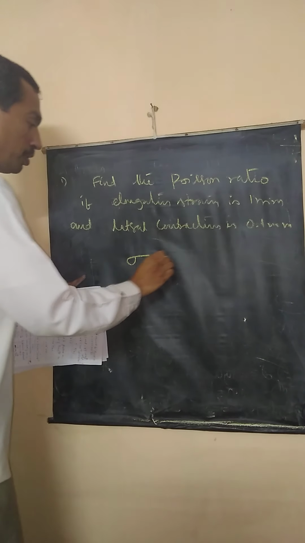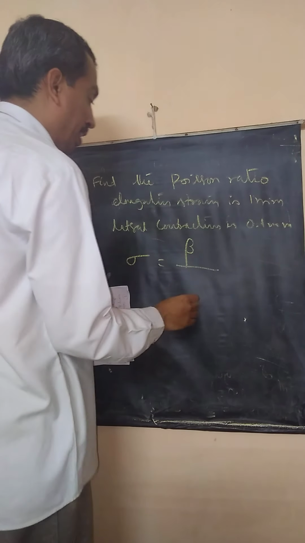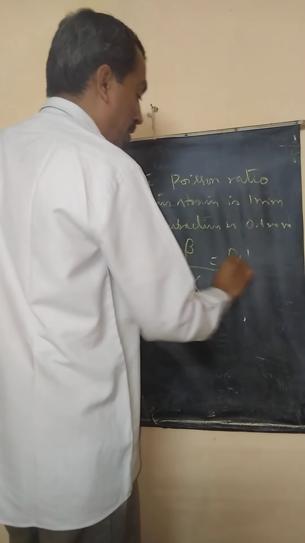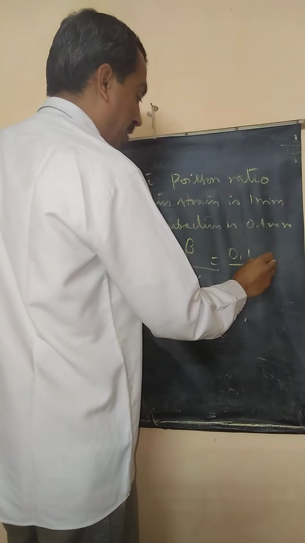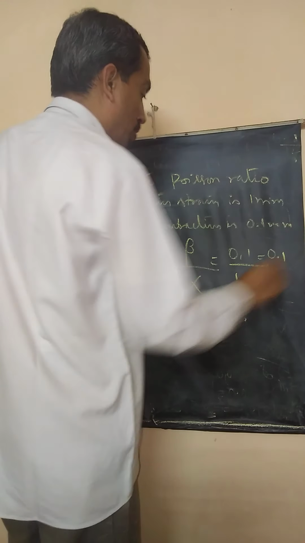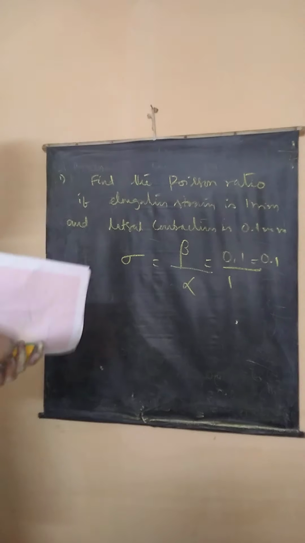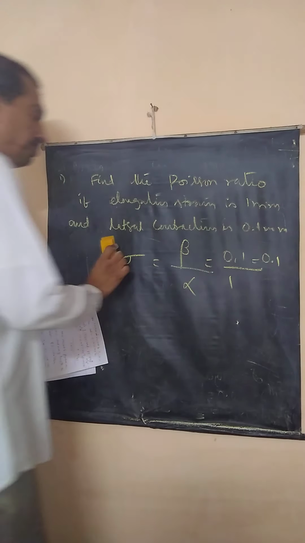So you all know Poisson ratio is lateral contraction by longitudinal expansion, 0.1 millimeter by 1 millimeter. So sigma is 0.1. Is this clear? It's a very simple numerical.